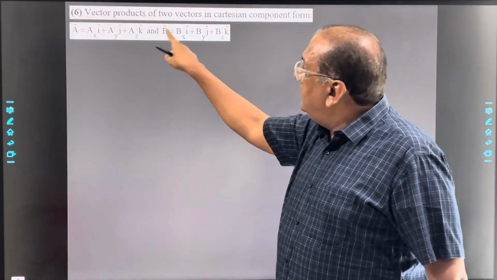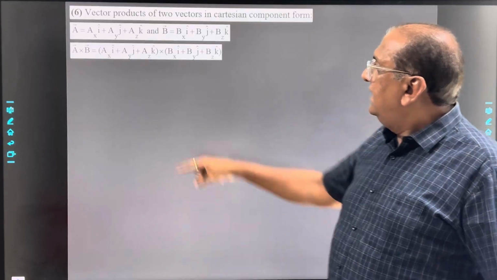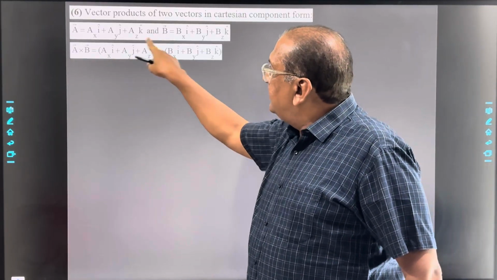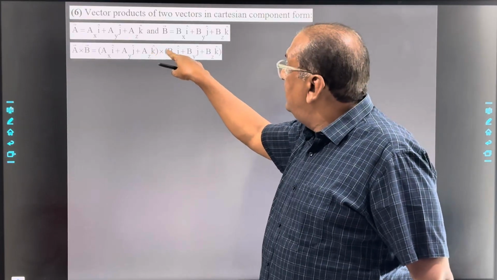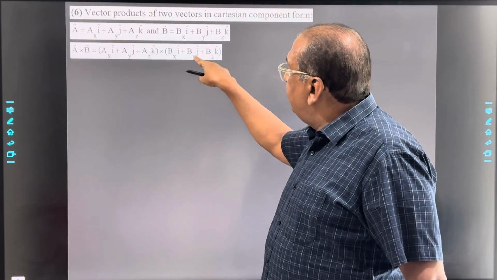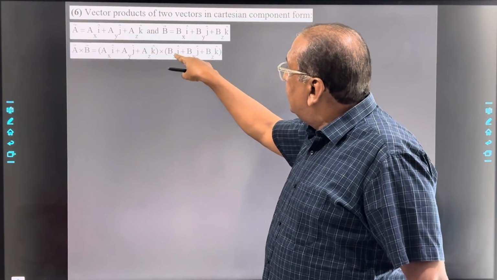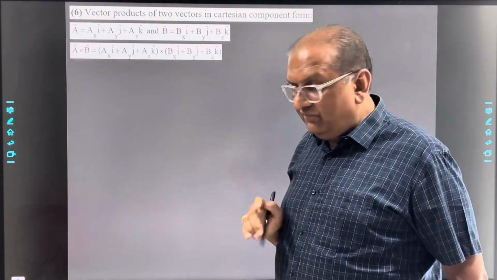Now vector A cross vector B is equal to, in the first bracket we have to take vector A in the component form, cross, in the second bracket vector B in component form.